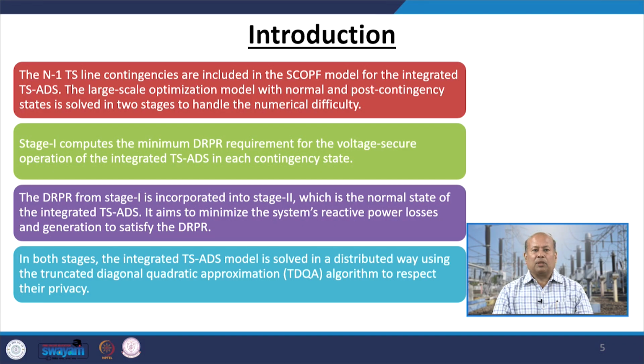Stage 1 computes the minimum DRPR requirement for voltage secure operation of the integrated TS-ADS in each contingency state. The DRPR from stage 1 is incorporated into stage 2, which is the normal state of the integrated TS-ADS. It aims to minimize the system's reactive power losses and generation to satisfy the DRPR. In both stages, the integrated TS-ADS model is solved in a distributed way using the truncated diagonal quadratic approximation, that is the TDQA algorithm, to respect privacy.